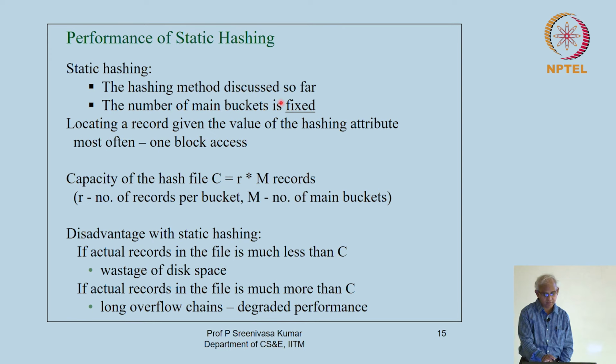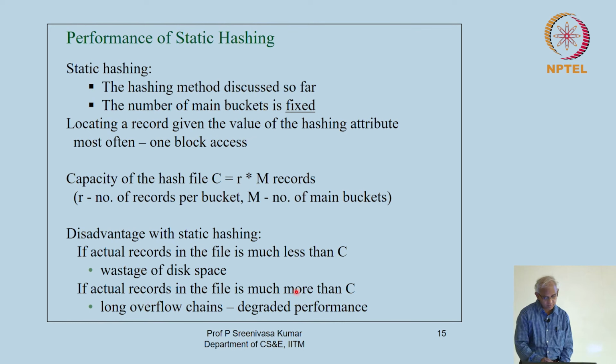Say you have designed it for some capacity and kept it ready for use. If the actual number of records in the file is much less than C, there is going to be some wastage of disk space, because you have already allocated m main data buckets and kept that space ready for use.